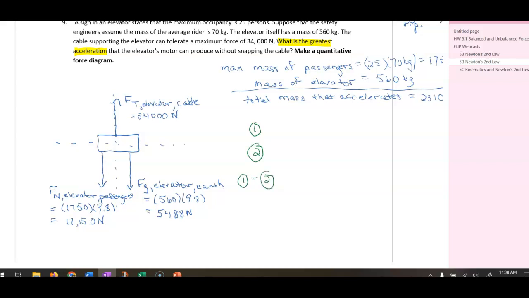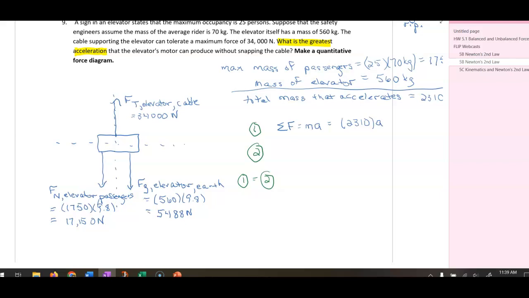Okay, so the first equation is going to use Newton's second law. That tells me the net force is the mass that accelerates multiplied by the acceleration. Well, I know that the mass that accelerates is 2310 kilograms. I mean, we calculated that up above, right? I don't know the acceleration yet. Okay, I'll just leave it as a.